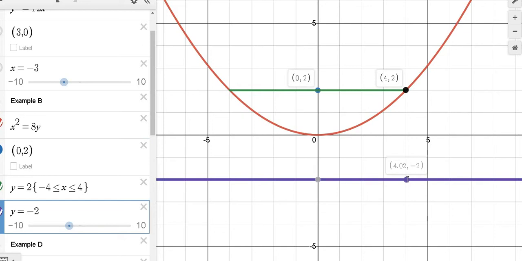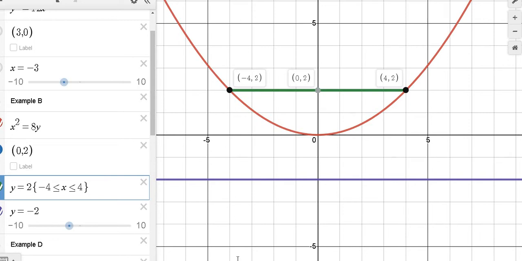You're going from a y-coordinate of 2 down to a y-coordinate of -2, so that's a total distance of 4. So this distance here also has to be 4, which you can see by looking at the x-coordinates. The focal diameter is really going to be the distance all the way across. Halfway across would be kind of like a focal radius. All the way across is a focal diameter.